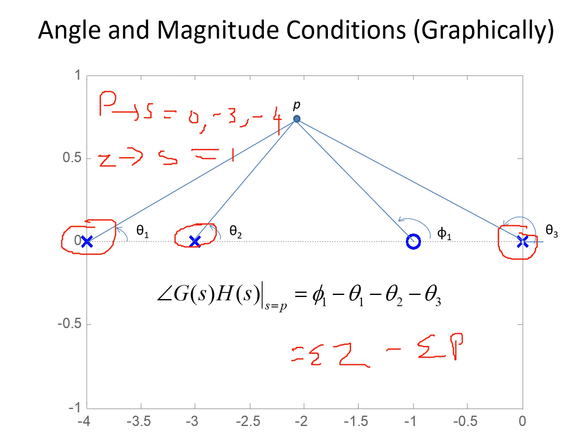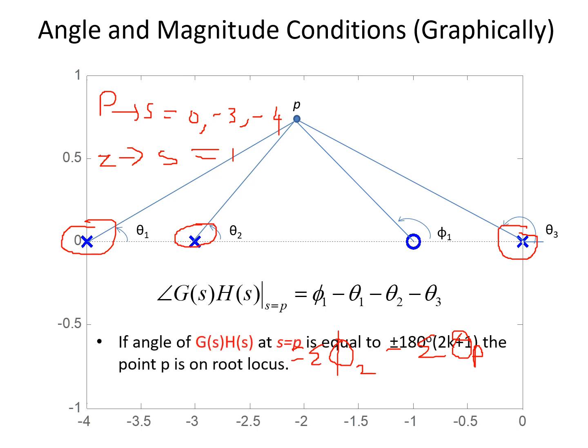Symbolically, you can write this as summation of phi z minus summation of theta p, since we have represented the pole angles as theta. This we are going to evaluate now.